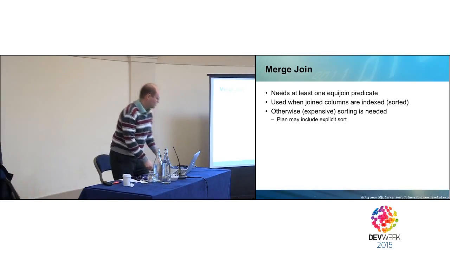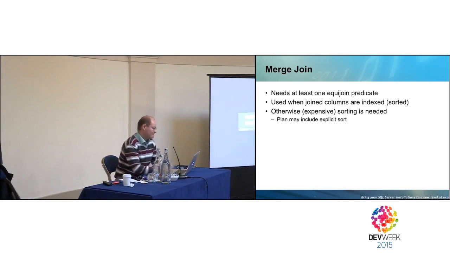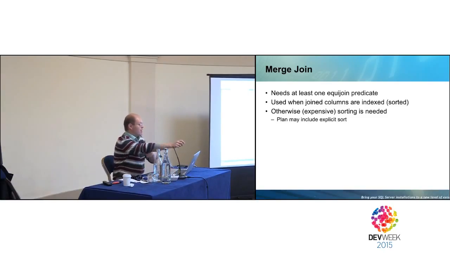Let's have a look at that. I create here a first table. I insert 1,500 rows. I create another table and also insert 1,500 rows into that table. So we have just two tables with 1,500 rows. As you can see, we have unique values in column 2.